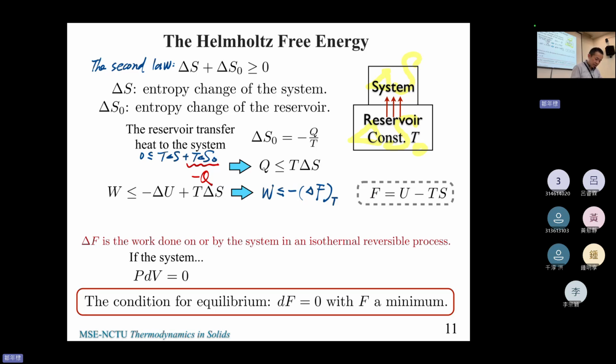You can see that the change in Helmholtz free energy is related to work.